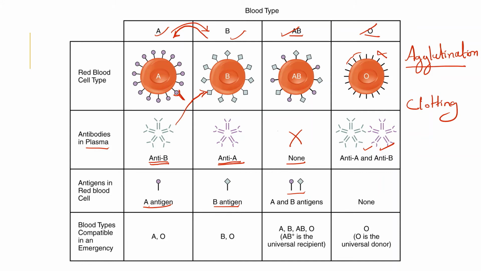And due to lack of any antigen, this blood can be given to any person, because as there is no antigen, there won't be any agglutination. The anti-B or anti-A won't form an agglutination reaction with the RBC of blood group O. And that's why the O person becomes universal donor and AB becomes universal recipient.